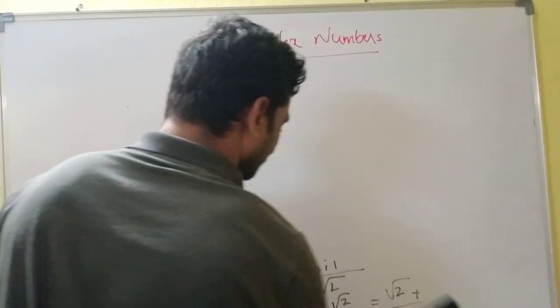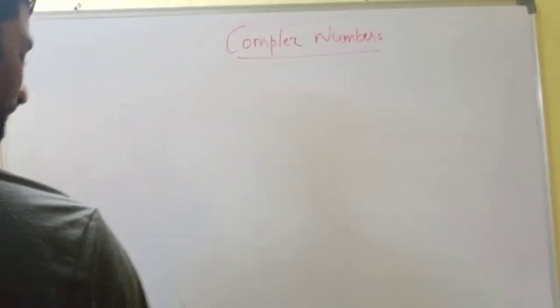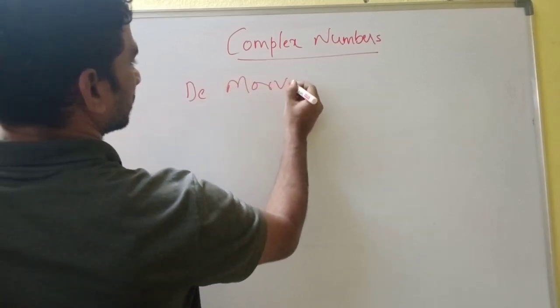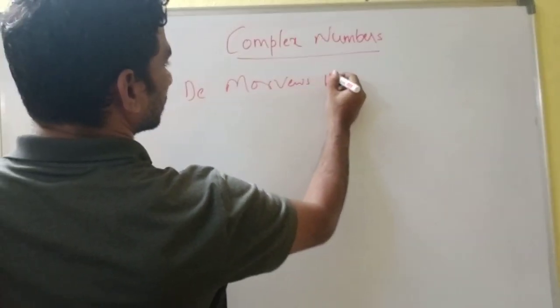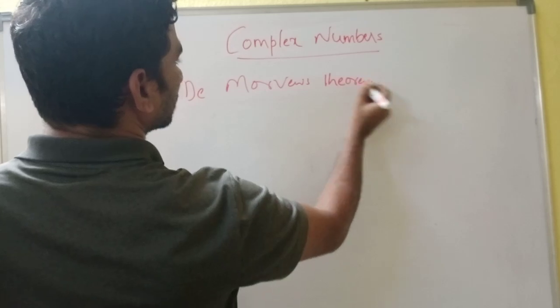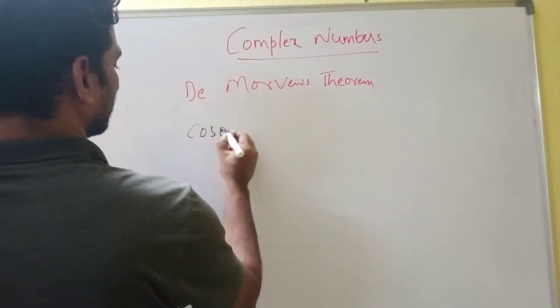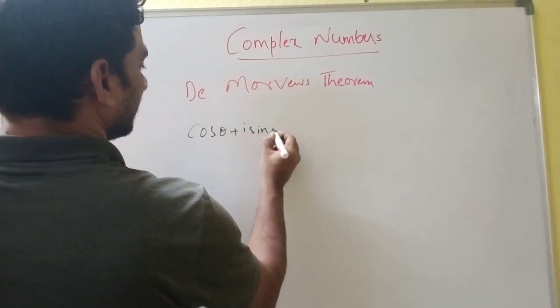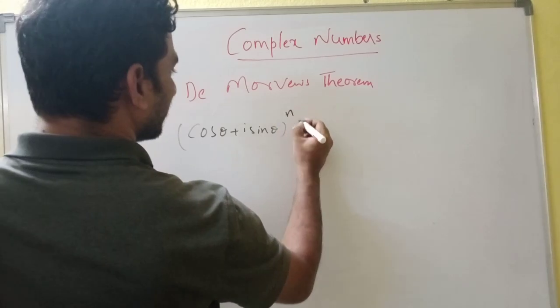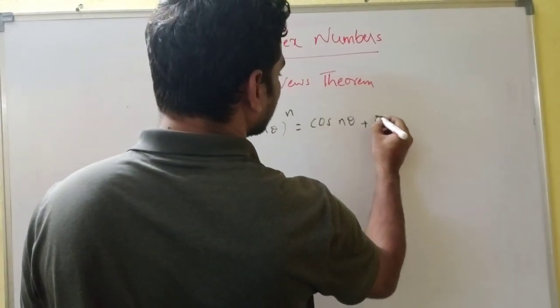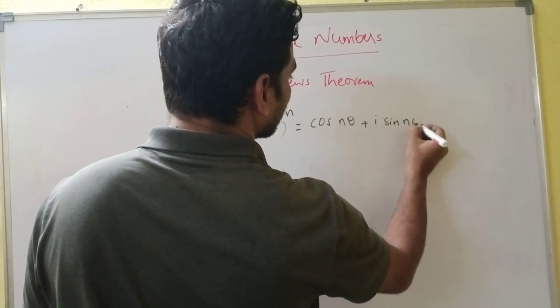And the next concept is de Moivre's theorem. What does it tell us? cos theta plus i sin theta whole power n equals cos n theta plus i sin n theta.